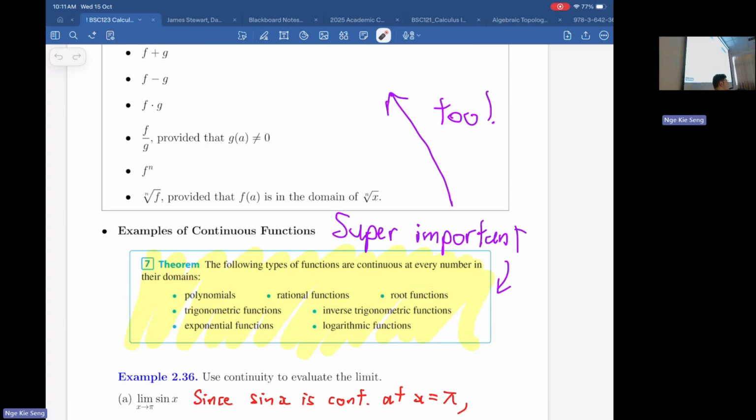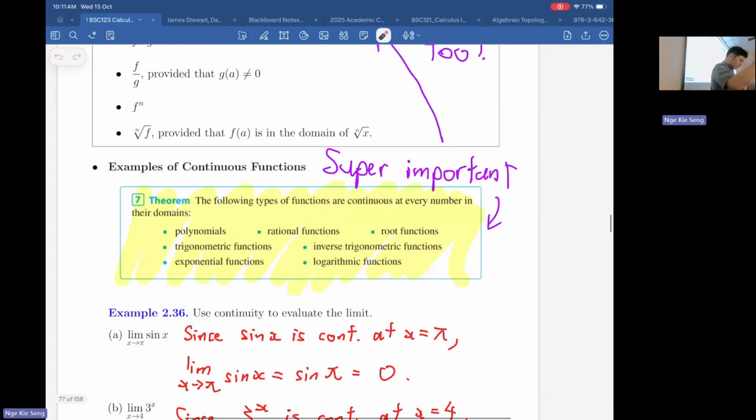As long as they are defined, they are continuous already. This is a very important theorem. Actually, this requires a lot of proof, but we won't prove it, so you need to take it as a fact. Once you see this function, you are very happy. You compute the limit at any point by just substitution, correct or not? So last week we equated the continuity definition with substitution when you want to do a limit. So this is about continuity. You don't need to go through the limit laws or check the points one by one.